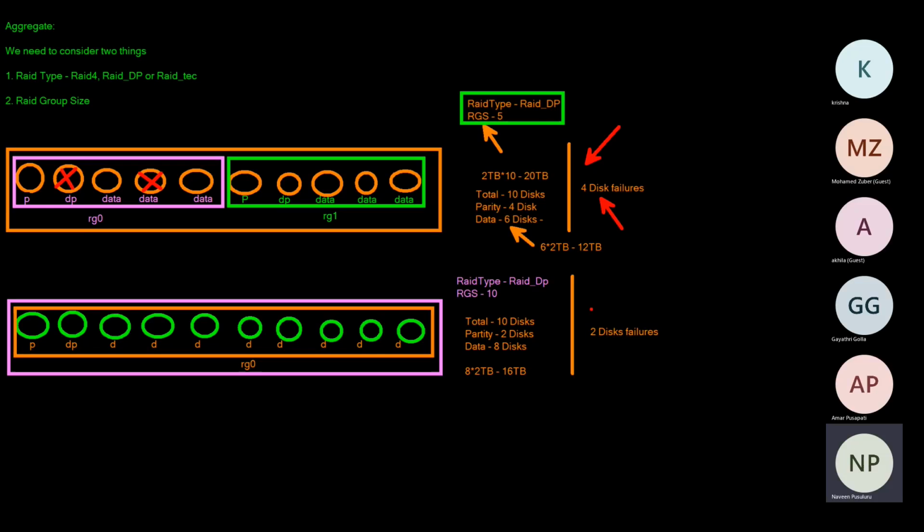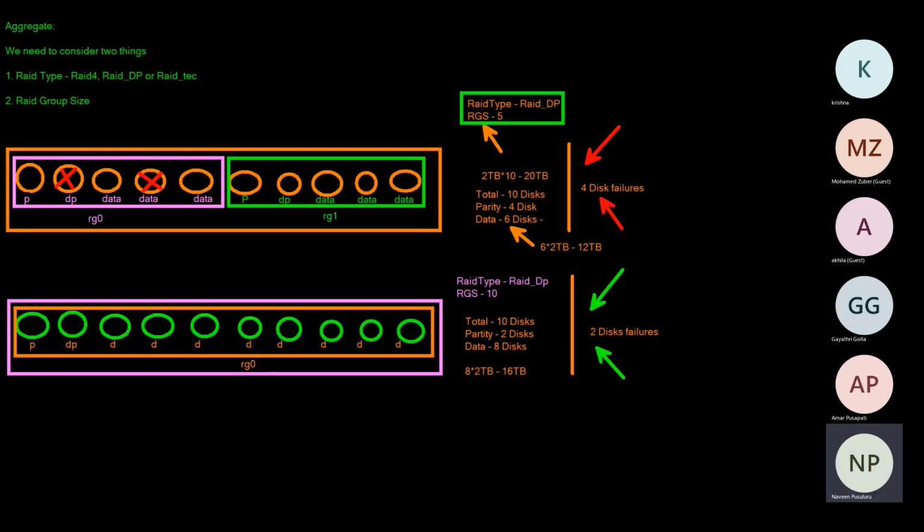But in this scenario, I'm saving a lot of space, but what about the protection? My protection is less, right? So whenever you are thinking of creating an aggregate, you need to balance the space as well as you need to balance the protection.